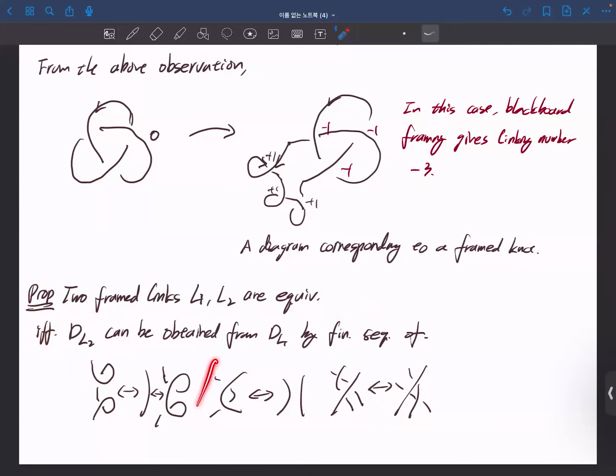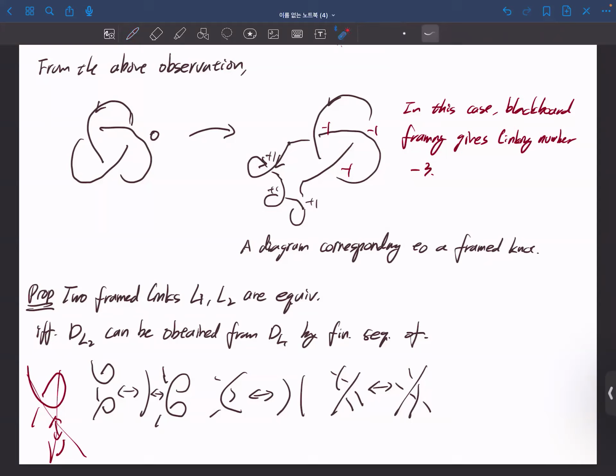As you can see, two of those moves are Reidemeister moves, and instead of Reidemeister move 1, we add this one. Originally, we had such a move, but as we saw above, adding a kink or removing a kink changes framing.